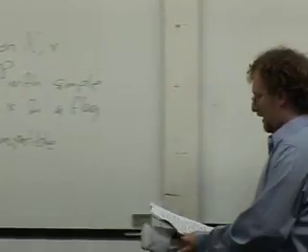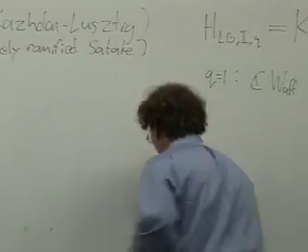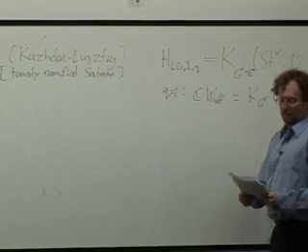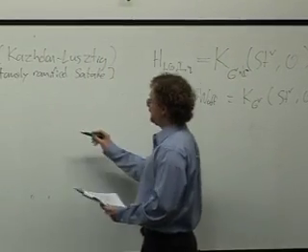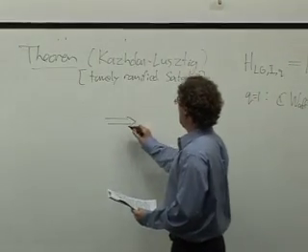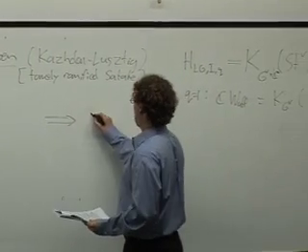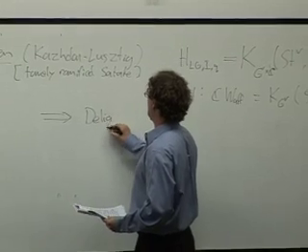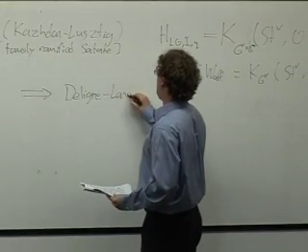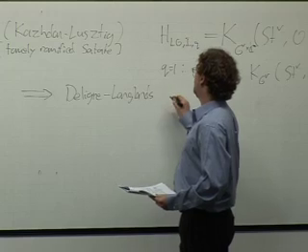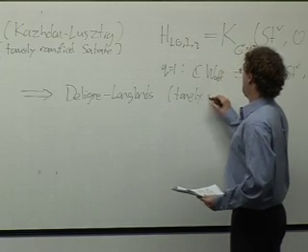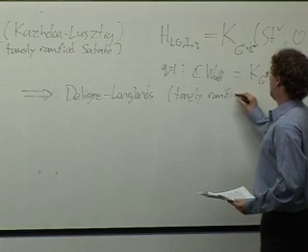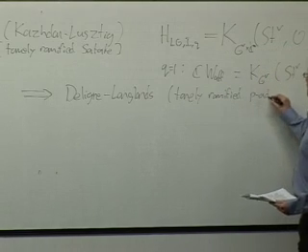And Kazhdan and Lusztig say that this is exactly the same as the symmetries that act on the other side, on the Iwahori side. So this theorem actually gave a proof of the Deligne-Langlands conjecture, which is the tamely ramified version of the p-adic local Langlands conjecture.